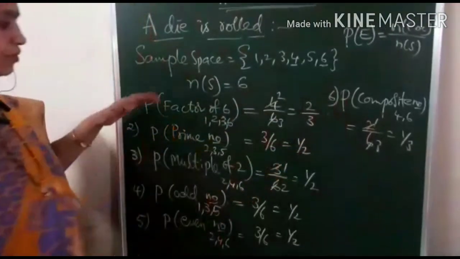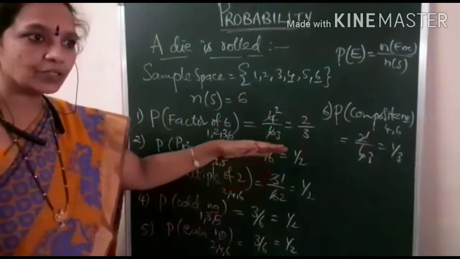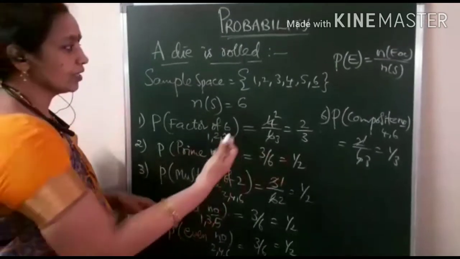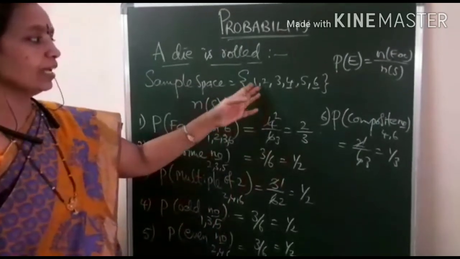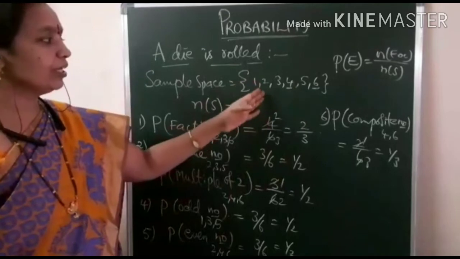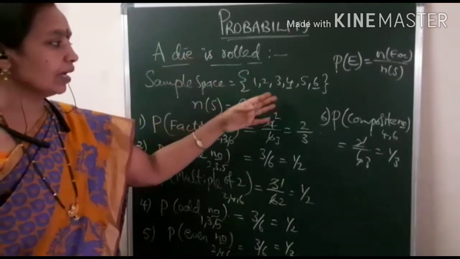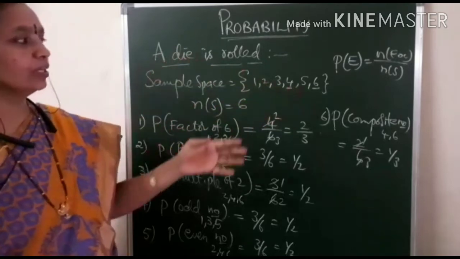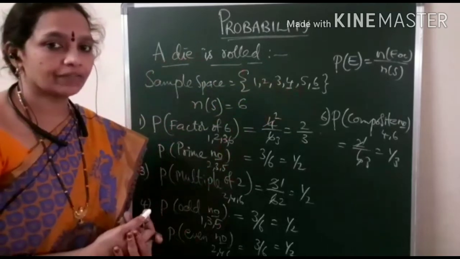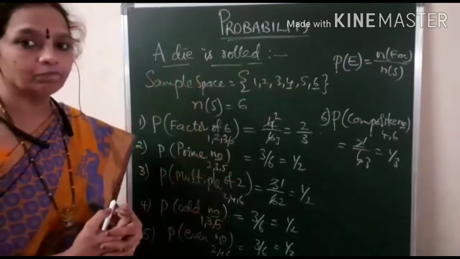So like that you are framing the questions, you can get so many thoughts and you will get so many questions. Like that only you can frame what is the probability of number greater than 2 when a die is rolled, in between 2 and 6 when a die is rolled. Like that so many questions can be asked from that when a die is rolled.